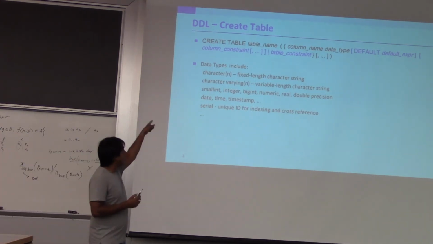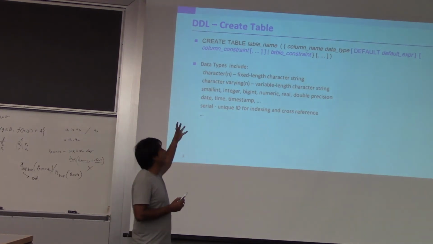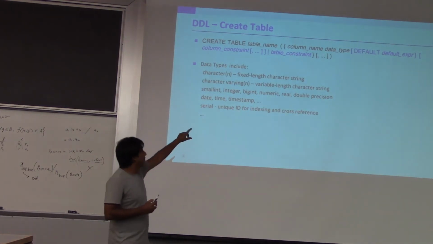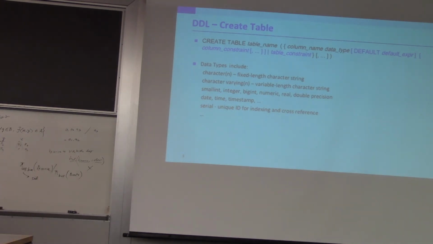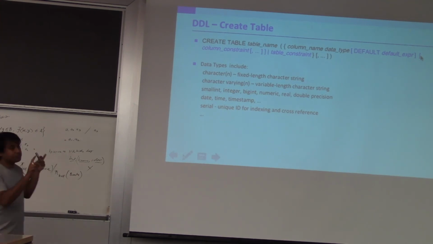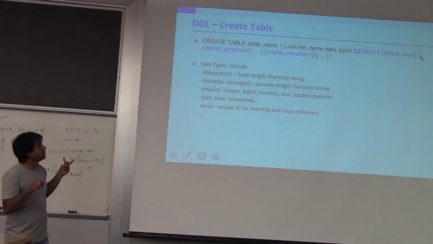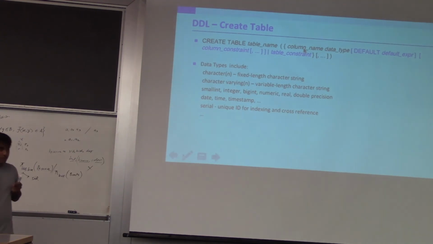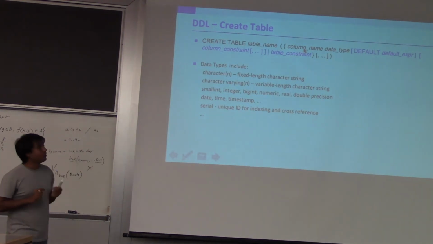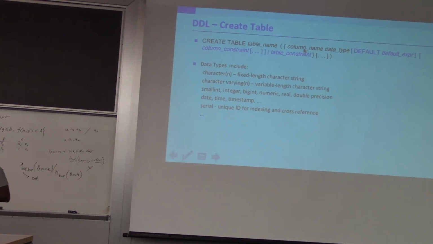See that column constraints are optional, and they are given in the third type of braces, this part. Whatever comes within that type of braces is optional. But we need at least one column name for a particular table. So that's why we have a column name, and we have to specify the data type.